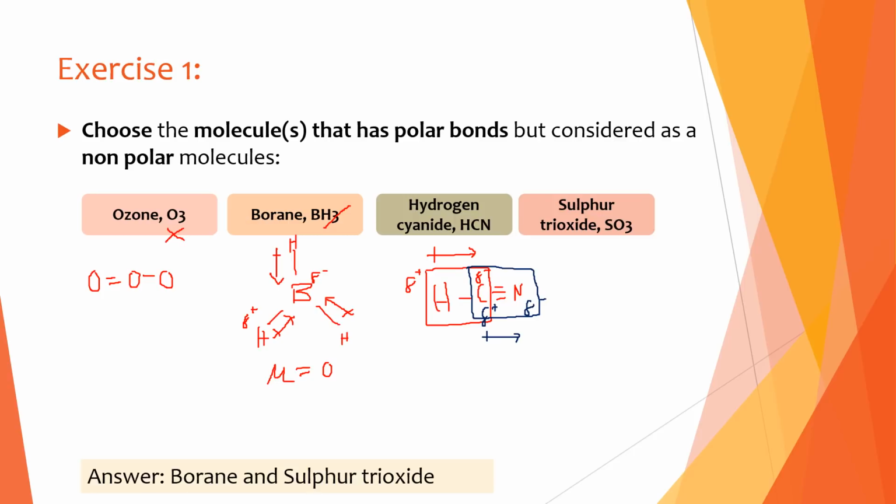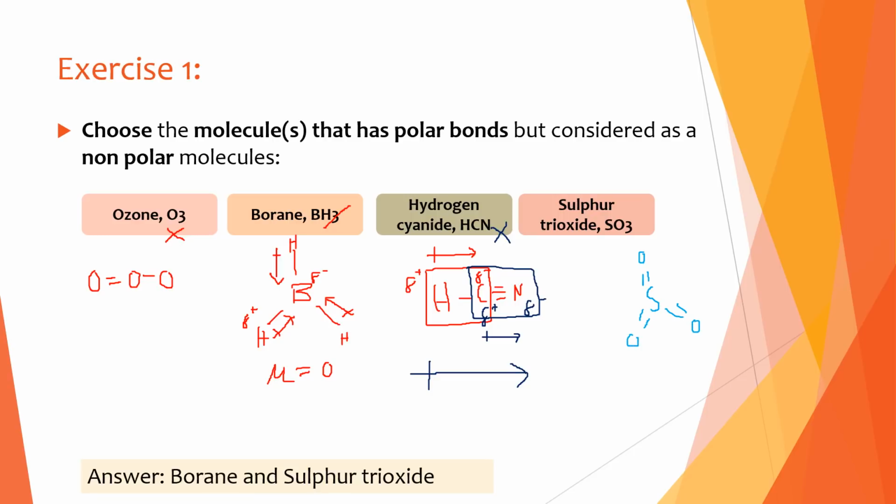So the total direction of the dipole moment will come from the left to the right. So hydrogen cyanide is a polar molecule, so it's not the answer. And lastly, sulfur trioxide. For sulfur trioxide, the Lewis structure will look like this.